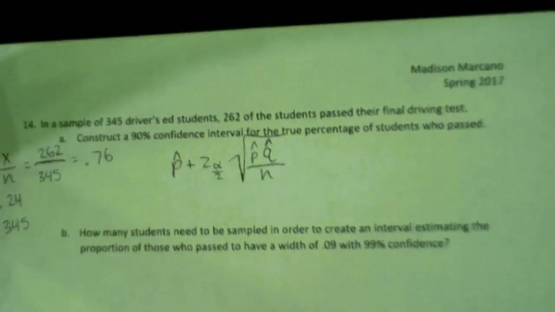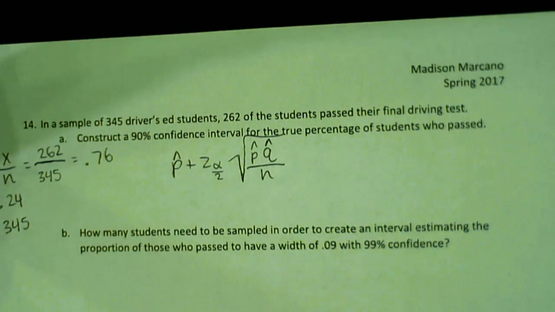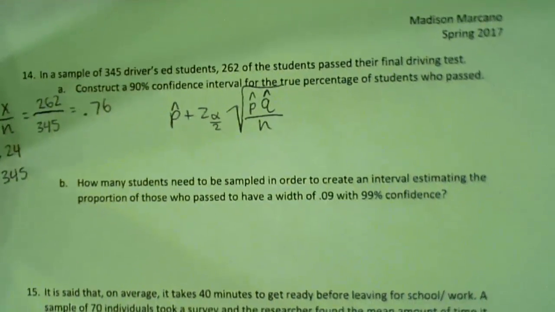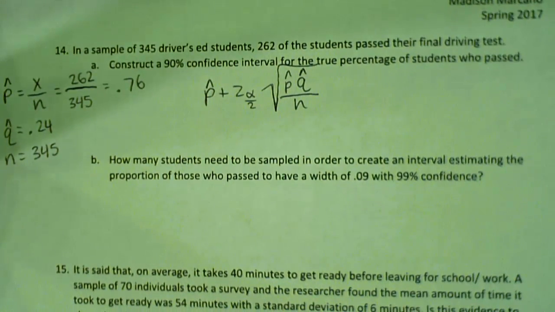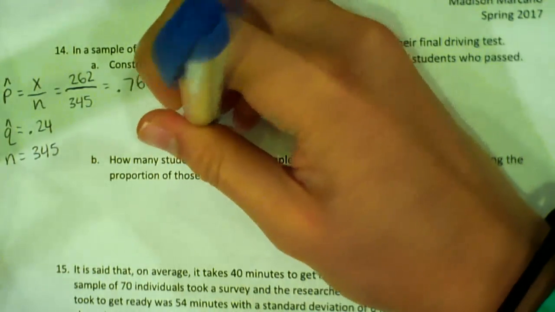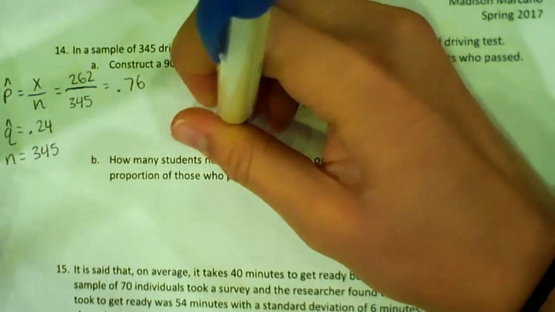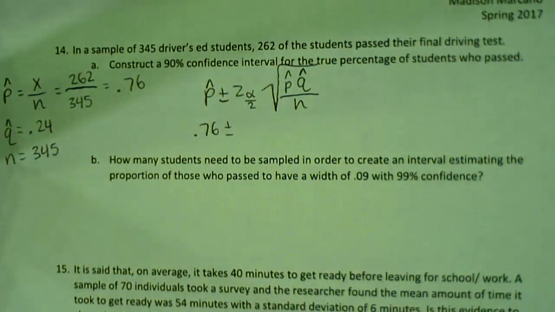So we'll just plug everything in. And what's the z-score for a 90% confidence interval? I think this is one that your professors gave you.